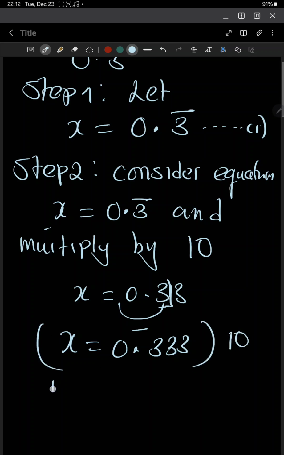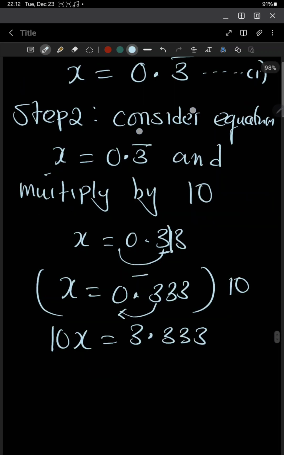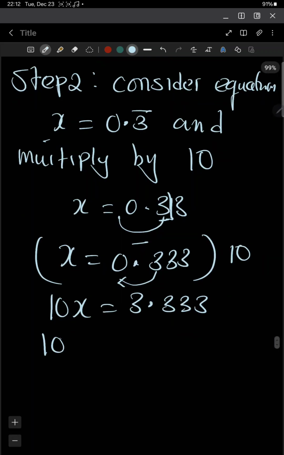When I multiply by 10, it will be 10x equal to 3.333, which we can write as 3.3 bar. This bar shows that 3 is repeating several times. That is our equation 2.